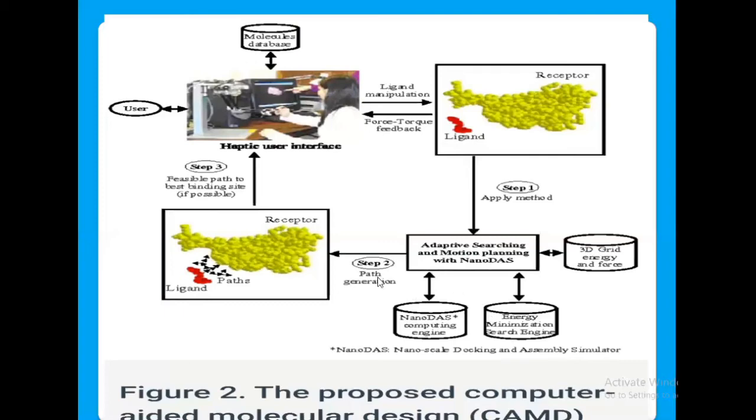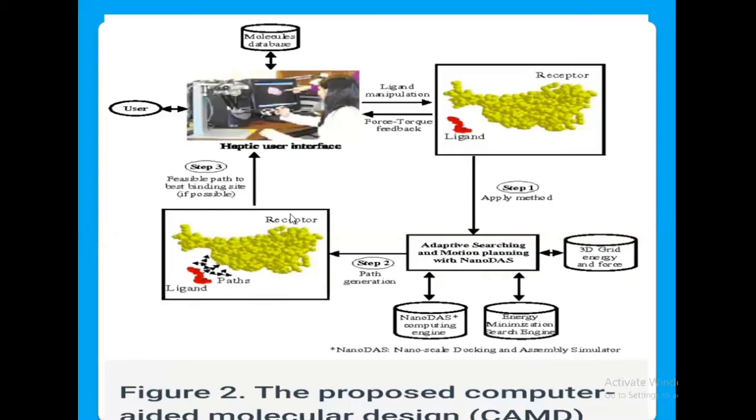Then step 2, path generation for the ligand and receptor. The ligand is coming and binding here with the receptor through these possibilities. That is called paths, the possibilities of binding with the receptor. So first you find out the path generation, step 2.